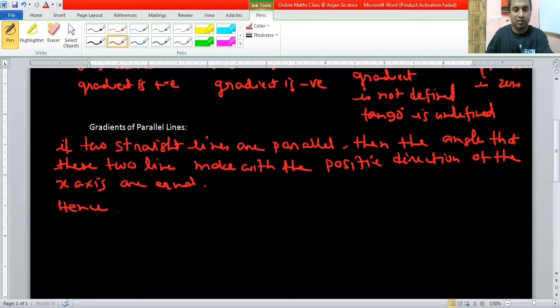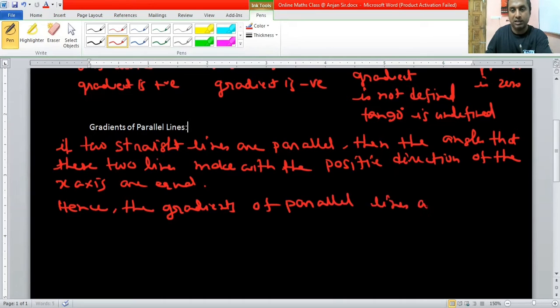Hence, the gradients of parallel lines are equal.